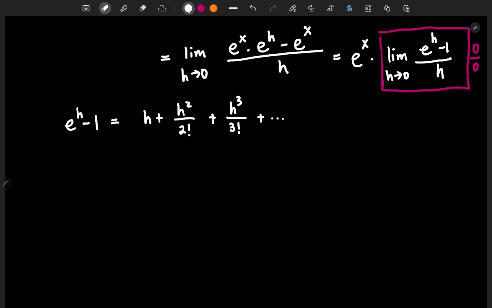And let's divide it by h. We would get e to the h minus 1 over h, that's equal to 1 plus h over 2 factorial plus h to the second over 3 factorial plus.